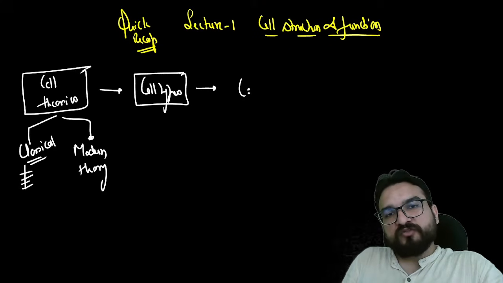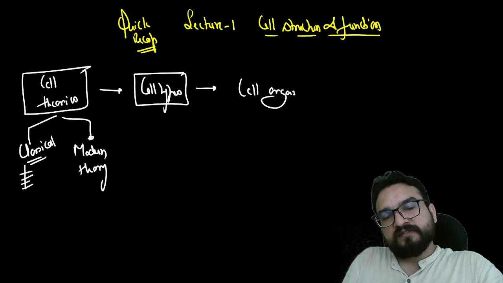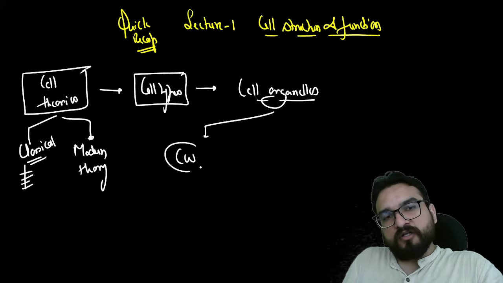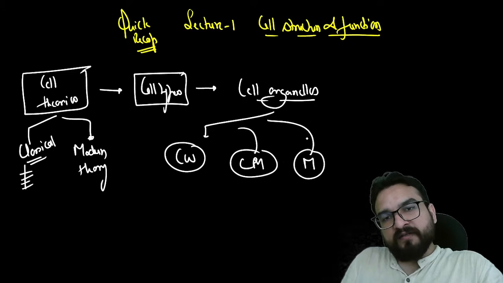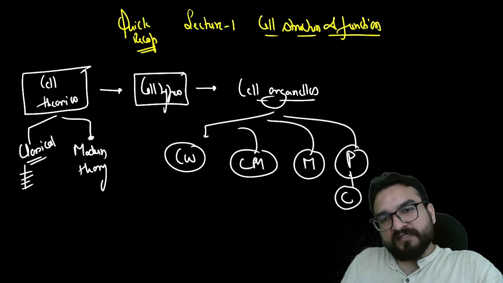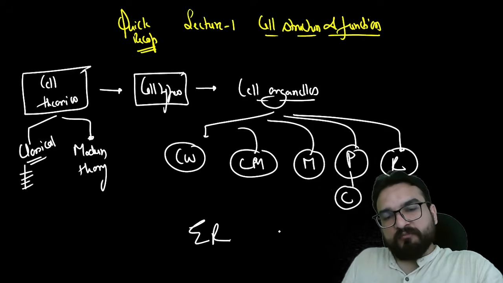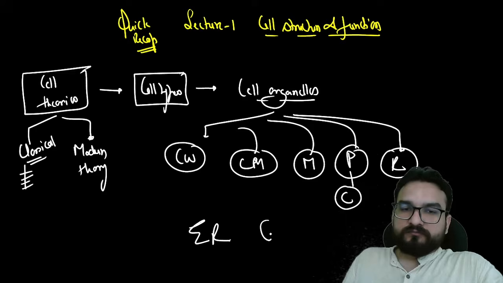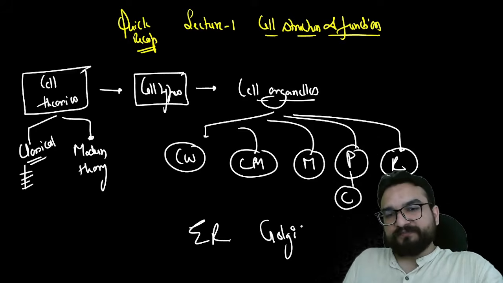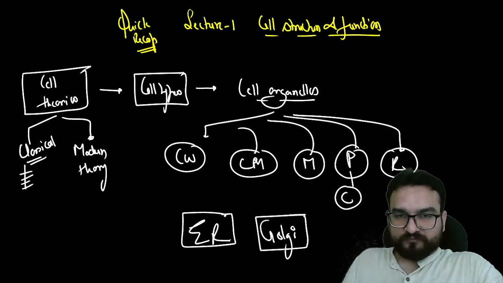Then we have understood the cell organelles. This is very important, and we started with cell wall, then cell membrane, then mitochondria, then plastids, under this chloroplast, then your ribosome, then your endoplasmic reticulum, then your Golgi apparatus. Structure and function.